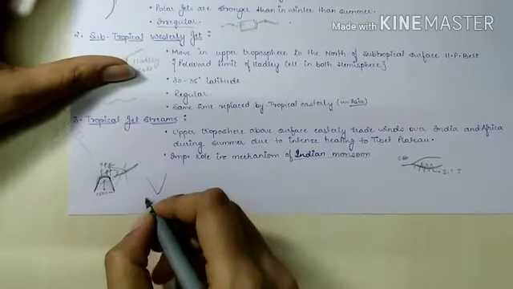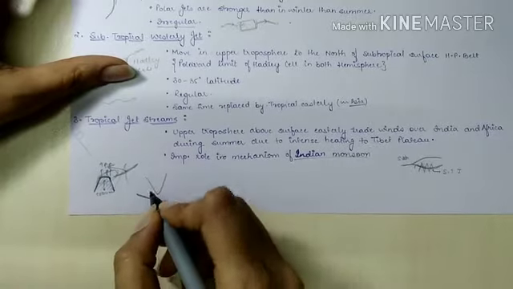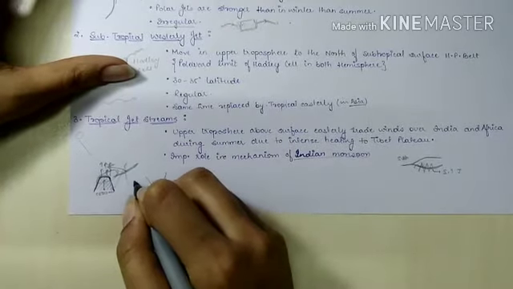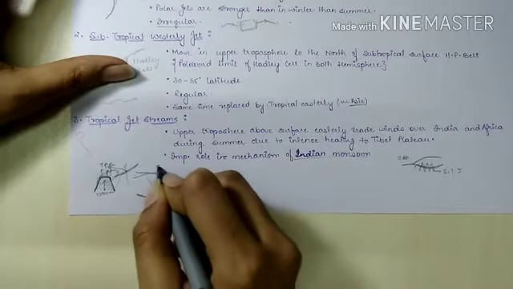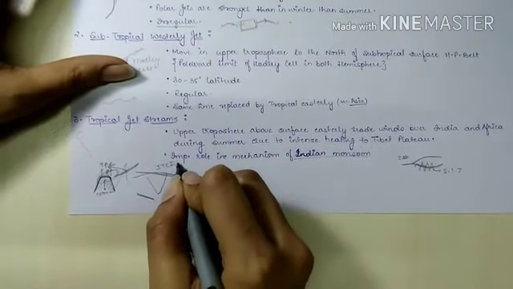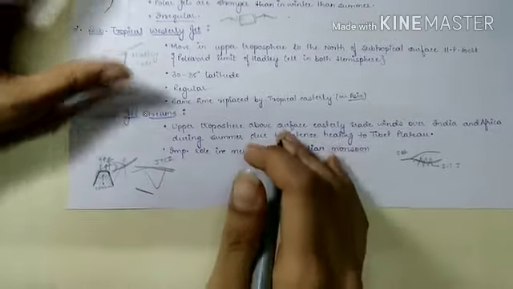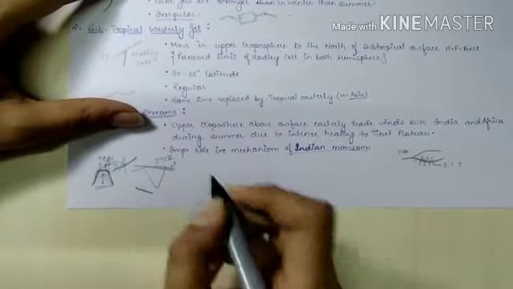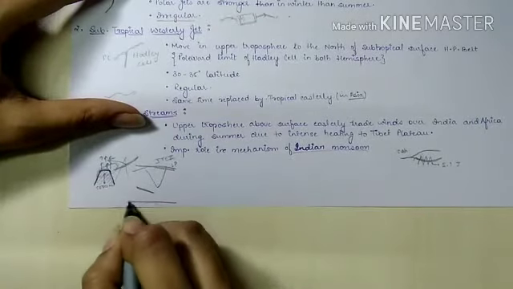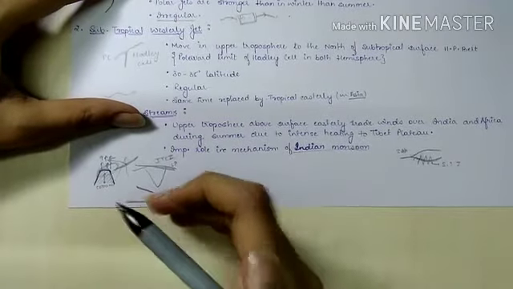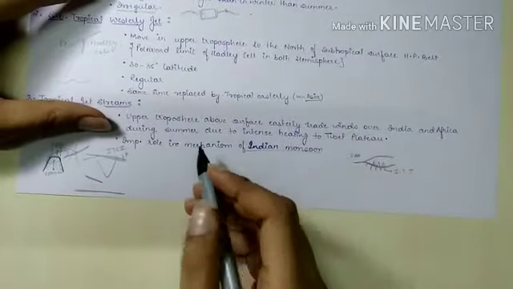This is India. The ITCZ occupies its area, so now we have the ITCZ here. As the ITCZ, that is the low pressure belt, is here, the southern high pressure belts also shift upward.